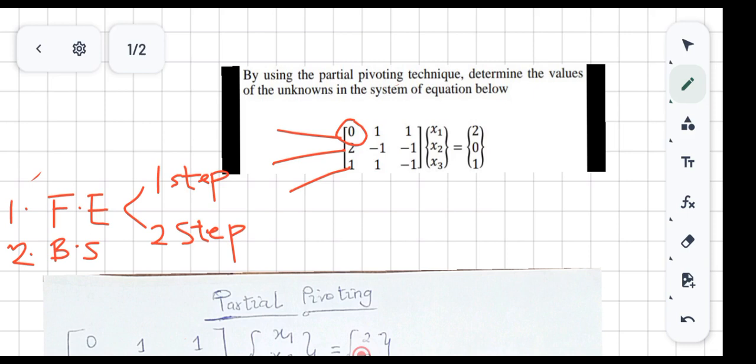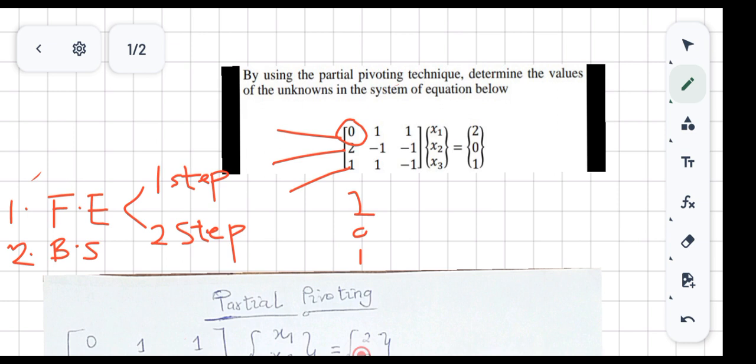So in this case, the pivot element is supposed to be 2, and the ones below the 2 should be 0 and 1. That is what we term as switching of rows, right?